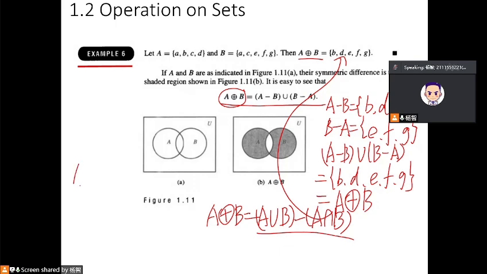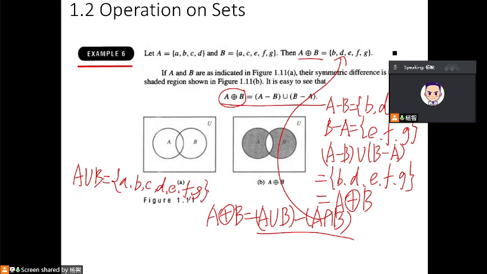Give me the answer: what is the result of A union B? A, B, C, D, E, F, G.